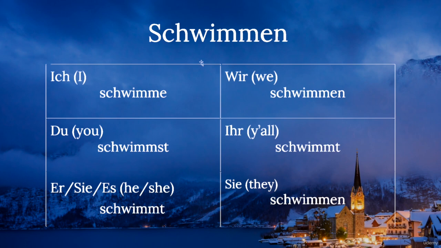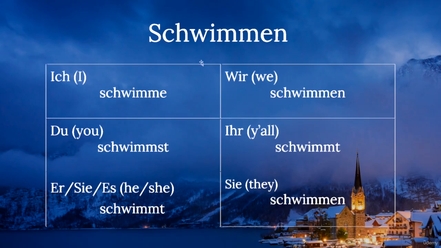And now let's try again with schwimmen. Ich schwimme. Du schwimmst. Er, sie, es schwimmt. Wir schwimmen. Ihr schwimmt. Sie schwimmen.